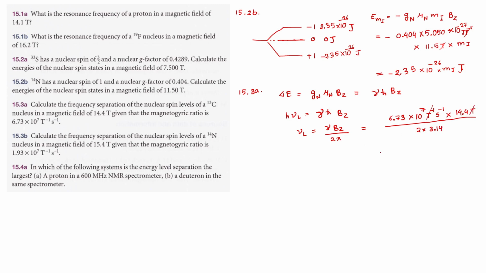Now let us see what the value is going to be. 6.73 into 10 to the power 7 into 14.4 divided by 2 divided by 3.14, which is going to give us a value of 154.3 megahertz.